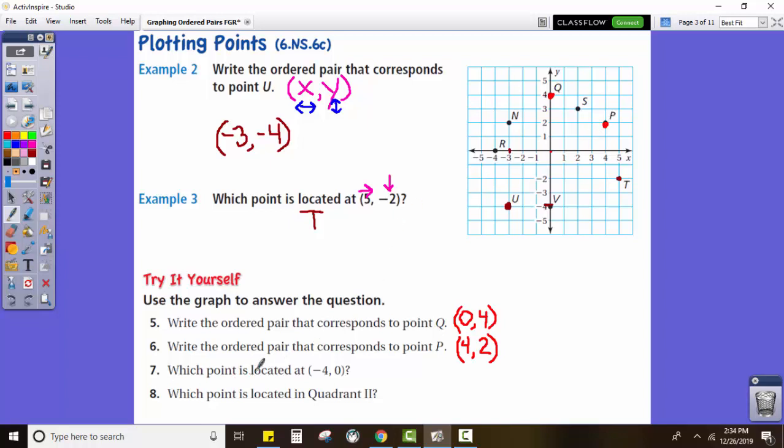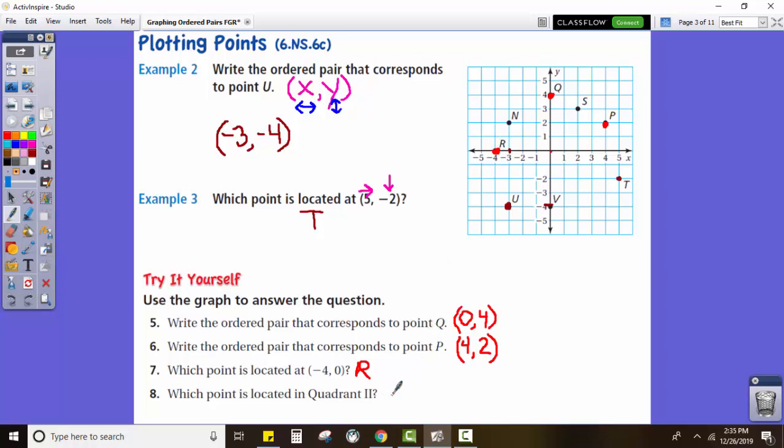Number 7, what point is located at -4, 0? So remember, we're going to go over to -4, and then up or down 0. So if I start at 0, over to -4, 1, 2, 3, -4, I can see it's R because then I go up or down 0, I stay on the x-axis, so it's point R.